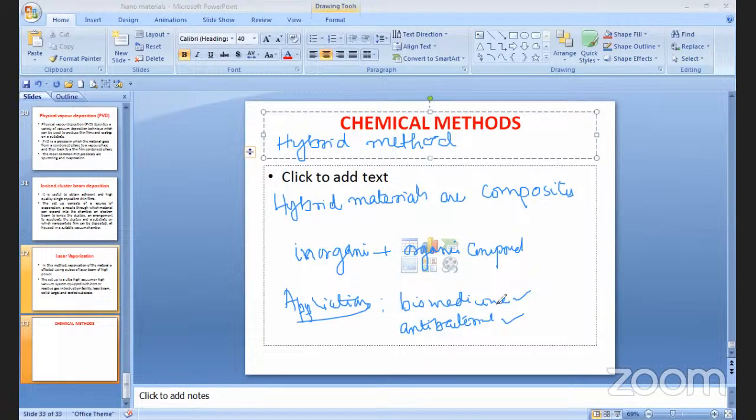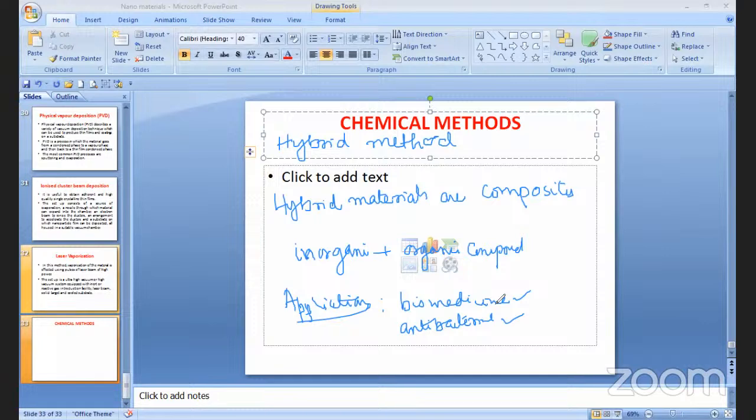Other nanoparticles synthesized by this hybrid method are utilized in energy storing devices in electronics. That means if we want to store more data, this hybrid method will be followed. They are also utilized in catalysis and single nanoparticles.